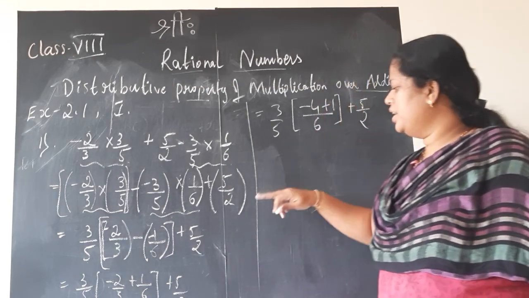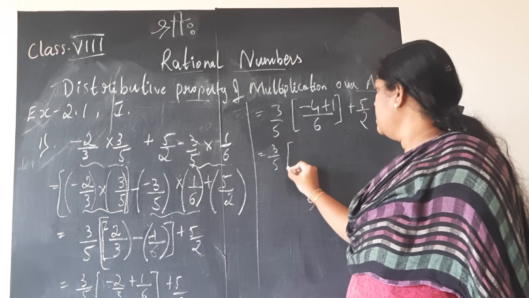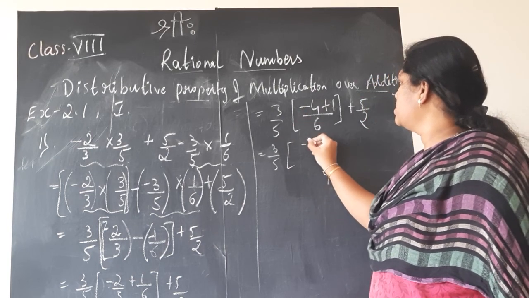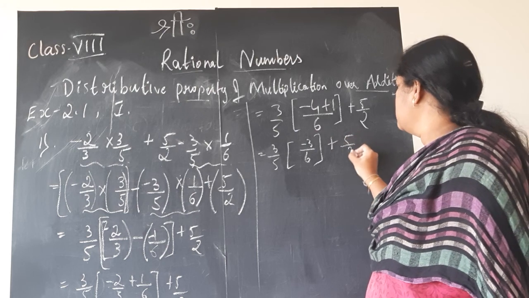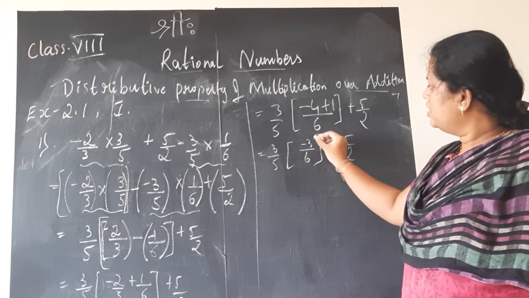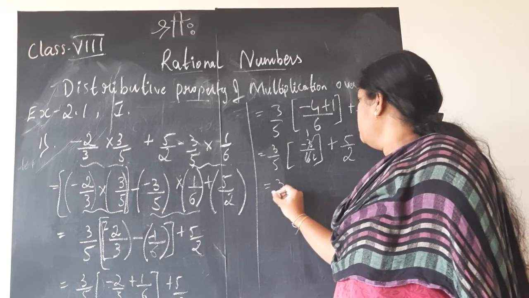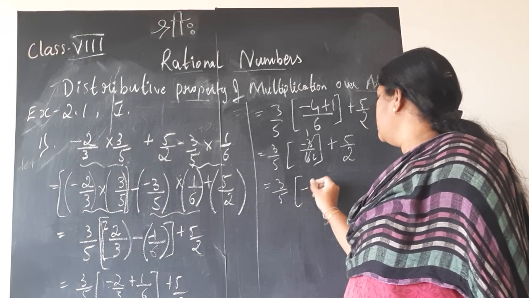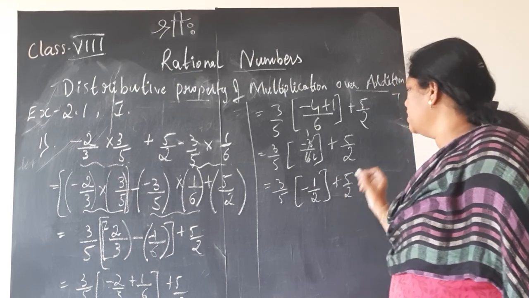LCM 6, remainder 1 into 1. Again 3 by 5 into minus 4 plus 1, that is minus 3 divided by 6, plus 5 by 2. Here, children, this bracket I will simplify. 3 ones are 3, 3 twos are 6. So I am left with 3 by 5 into minus 1 by 2 plus 5 by 2.